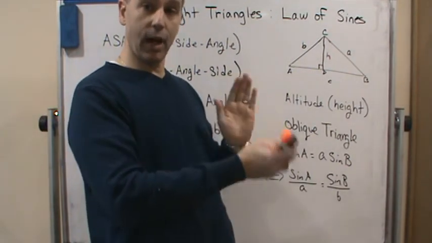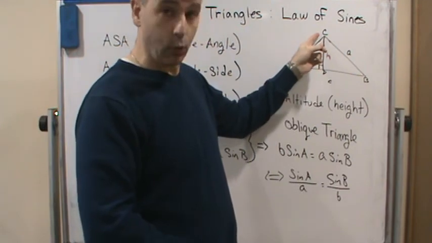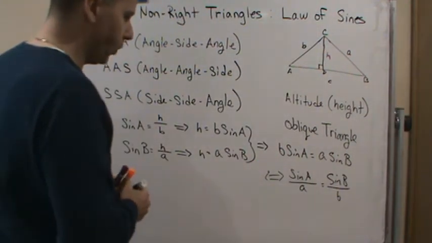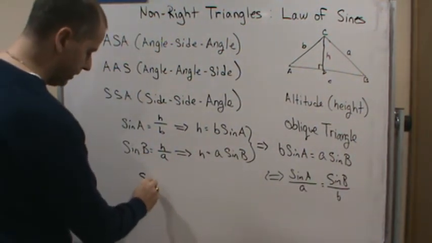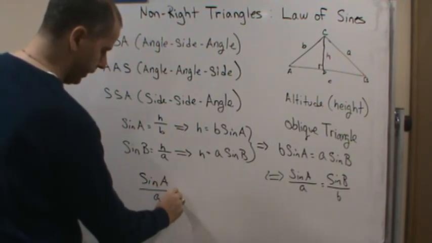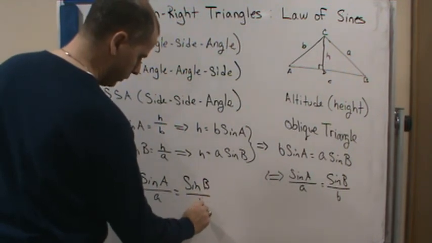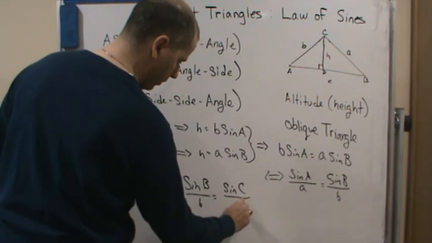I'm not going to show that, but once I have the other equality with C, then I know that sine A over a is equal to sine B over b, which is equal to sine C over c.